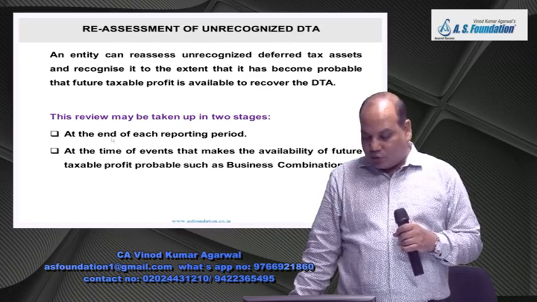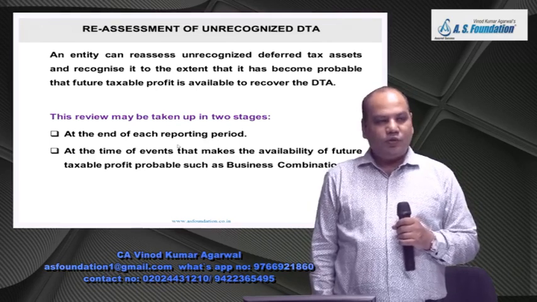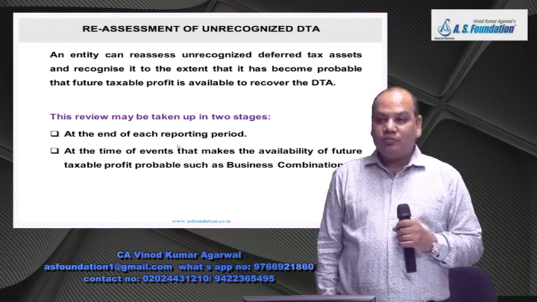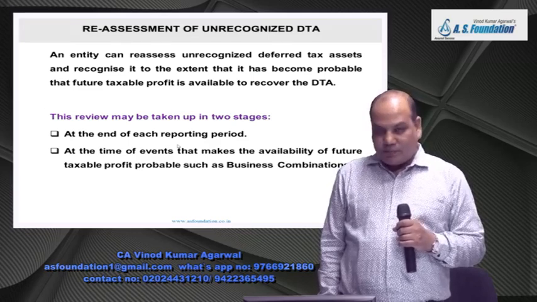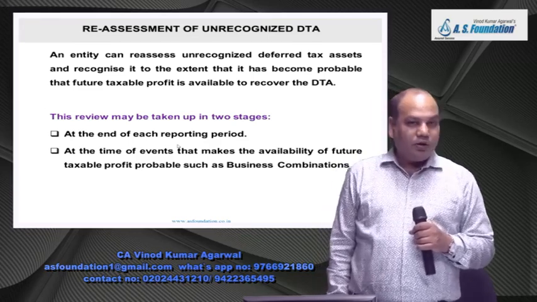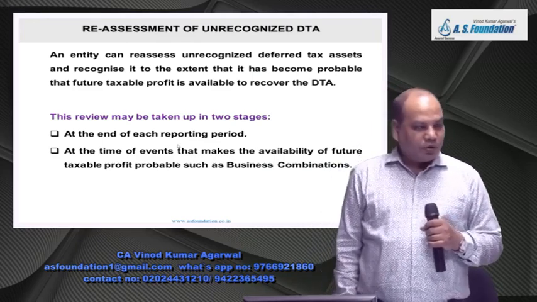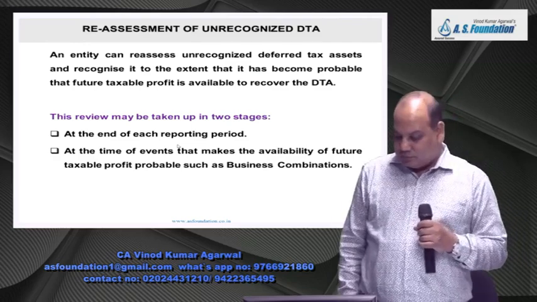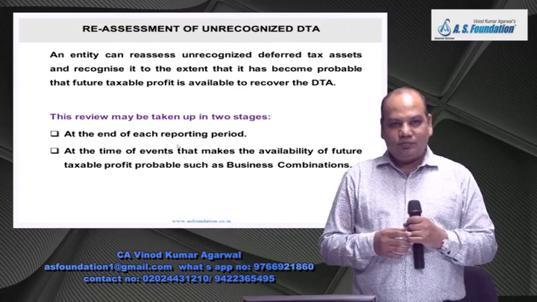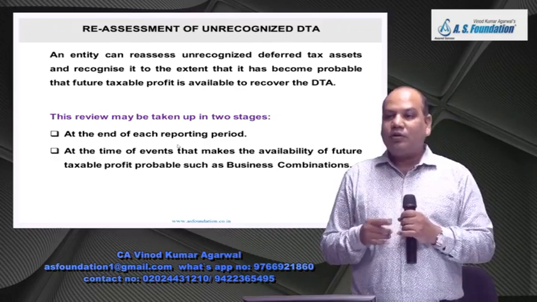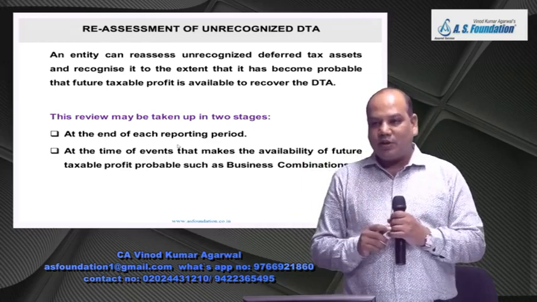First, you will take this review at the end of each reporting period. If you are preparing an interim report, you can do this in the interim period also. Second, in case of any important event in the life of the company, for example, a business combination. This company acquired another company, or this company's control is taken over by some other company.